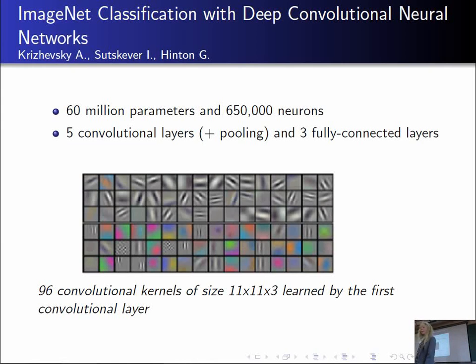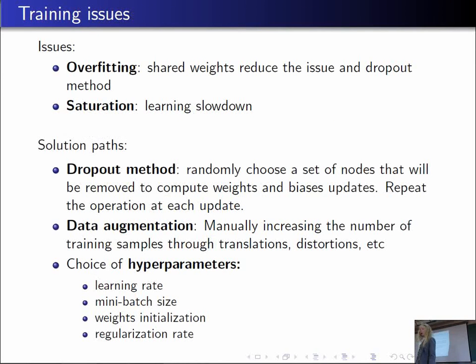A lot of people working with that kind of network try to visualize what they are doing through images like that. What are the main training issues? You have overfitting, that is partly reduced by the weight sharing because you reduce your parameters, and as well saturation and learning slowdown.